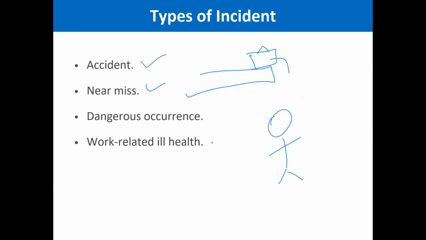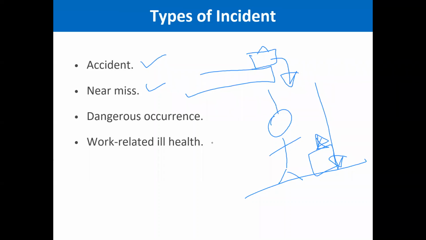Now, if this load falls, this is called an incident. This could result in two different situations. The load could fall on the ground right next to the person and cause him no injury. It will be called a near miss.